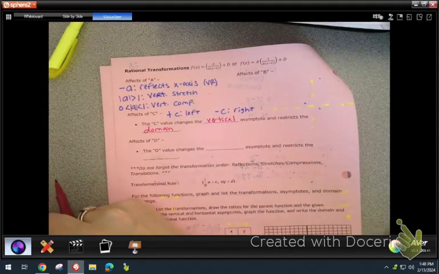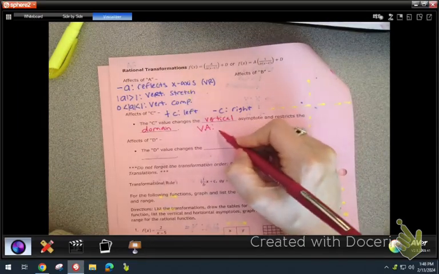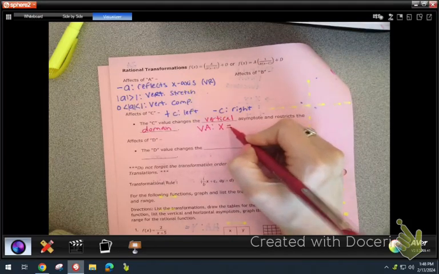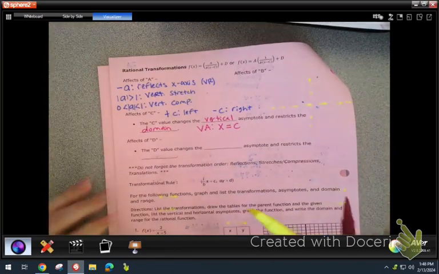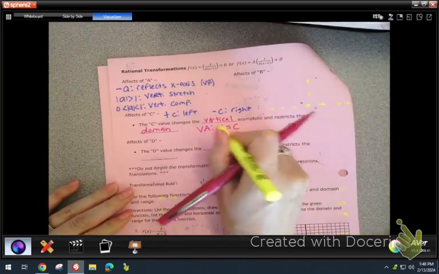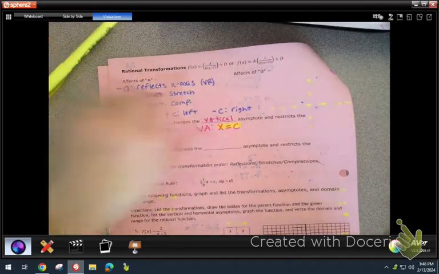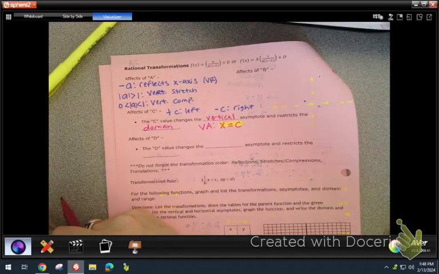So you should be able to look at a function in transformational form and know that the vertical asymptote is going to be x equals whatever that number is. That's worth highlighting. It's got to be the opposite sign. So if you see in the equation, they usually put it as x minus c. That's why I put a positive c right there, because it's a sign flip. So you can see that there, okay?